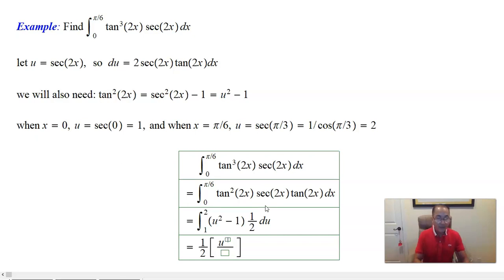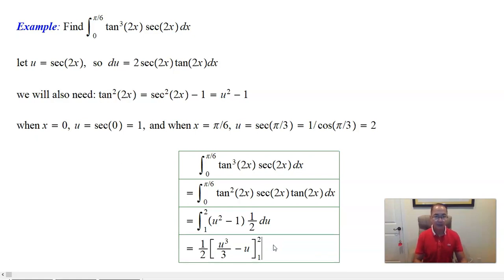Concentrate. U squared becomes u cubed over 3, and minus 1 becomes minus u. Okay, we want to evaluate from 1 to 2.